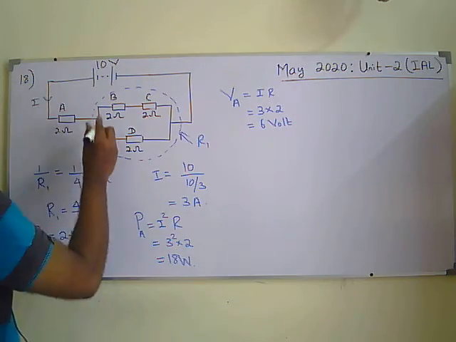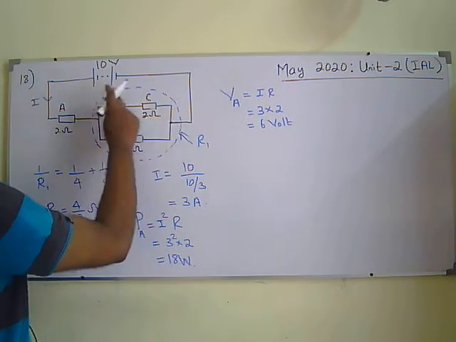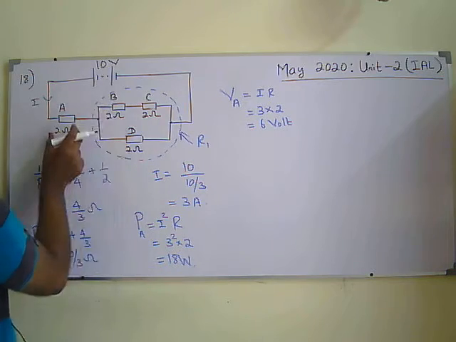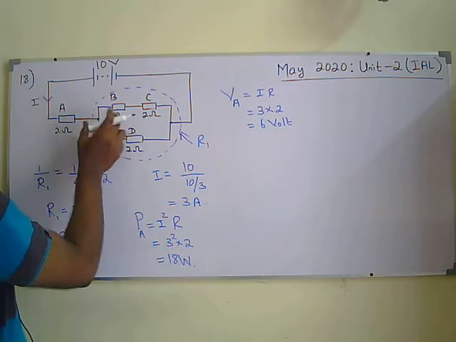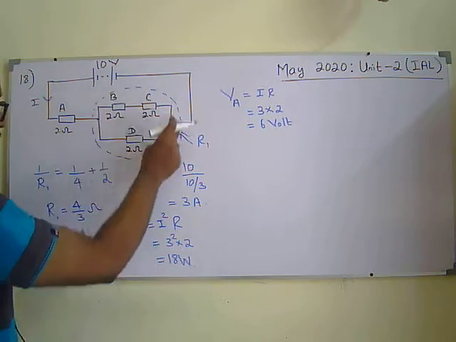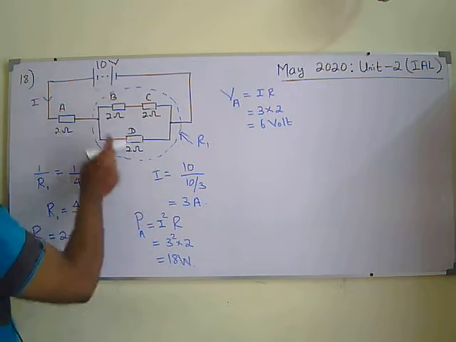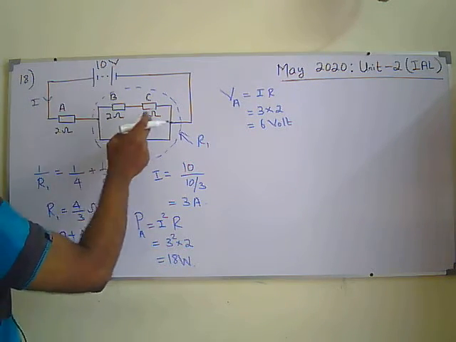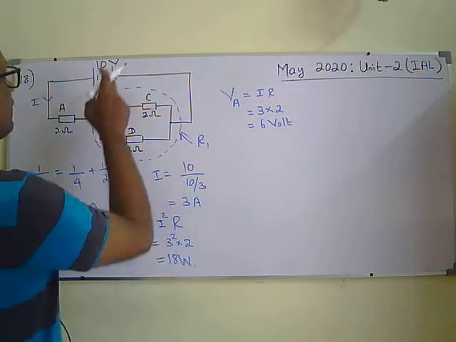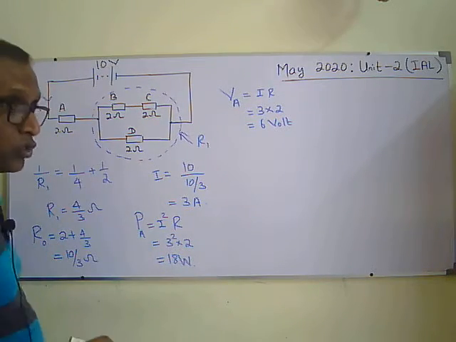So what's the voltage across the junction? You know that the whole system is in series with this one. So this voltage plus the total voltage of this combination is equal to 10. So voltage across the junction is going to be 10 minus 6, 4 volt.